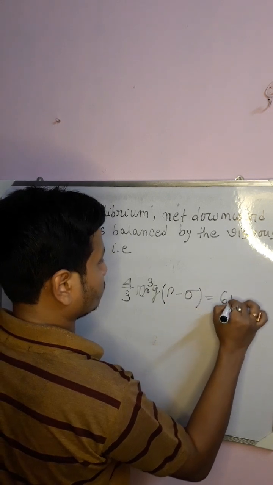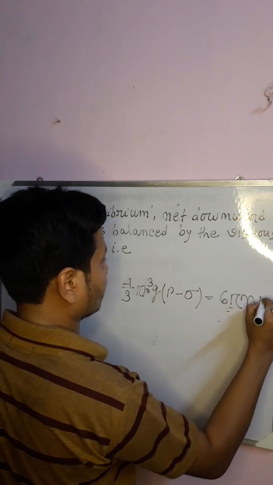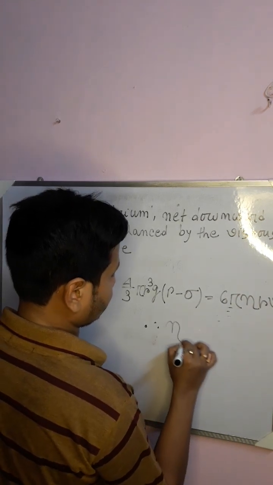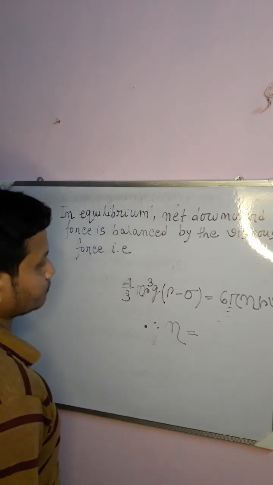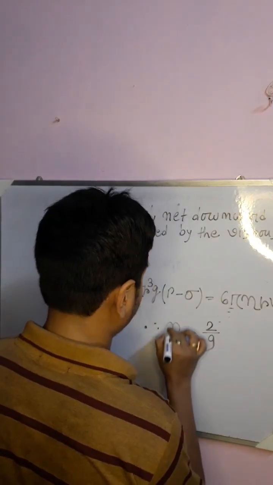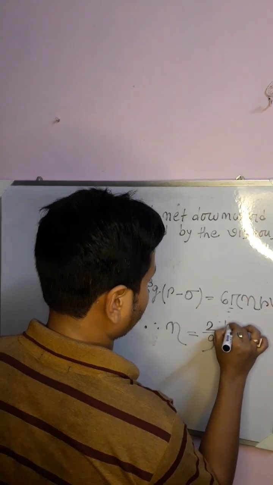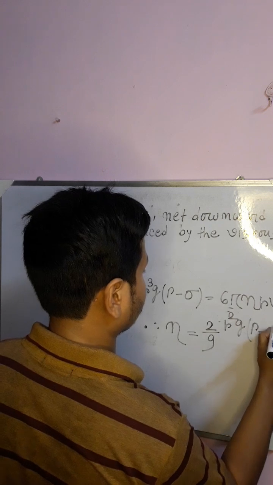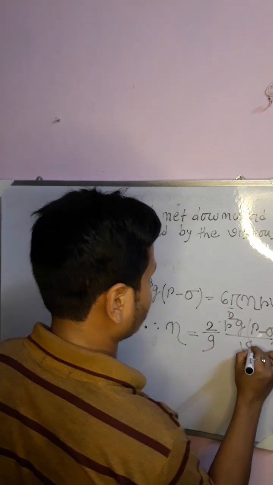This must be equal to 6 pi eta r v, and from which we can easily write eta as 2/9 r square g (rho minus sigma) by v.